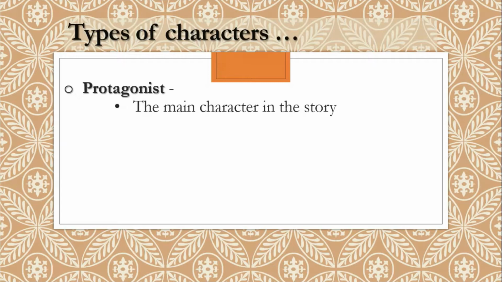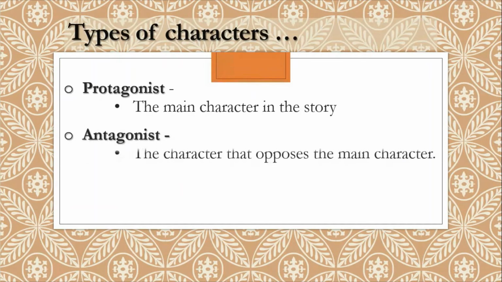Remember that the protagonist is the main character in the story, or if it's a history, who is the main character in that piece of history? We're also talking about the antagonist. An antagonist is the character that opposes the main character, right? So it's the one that is against the main character or protagonist.